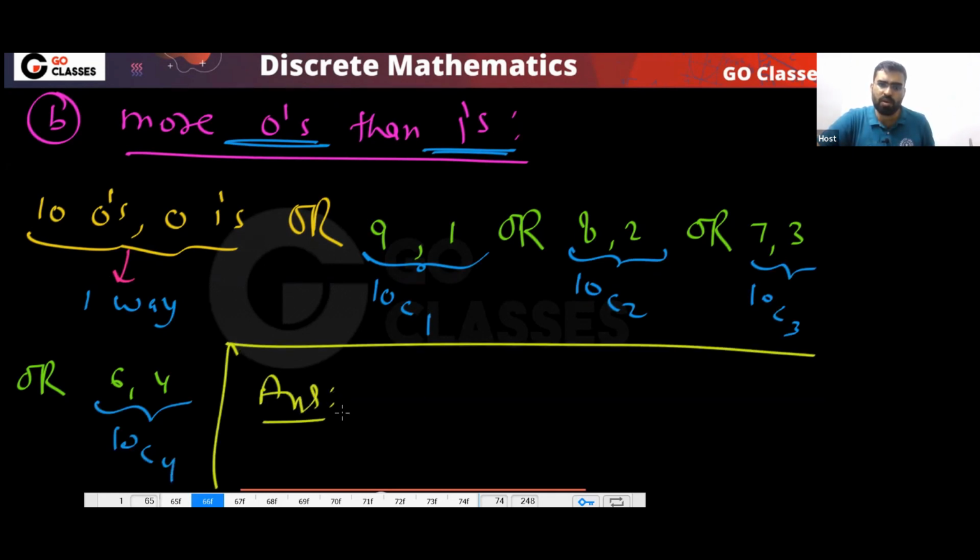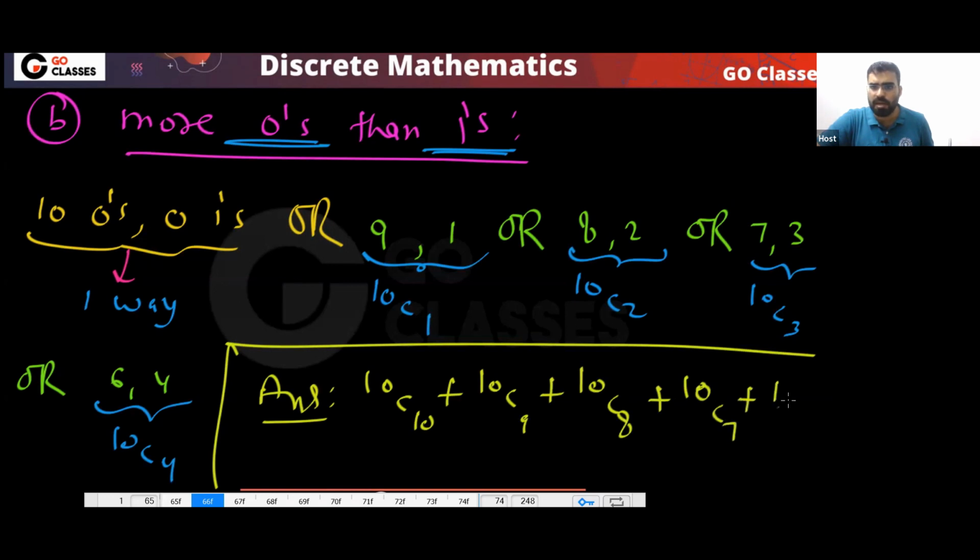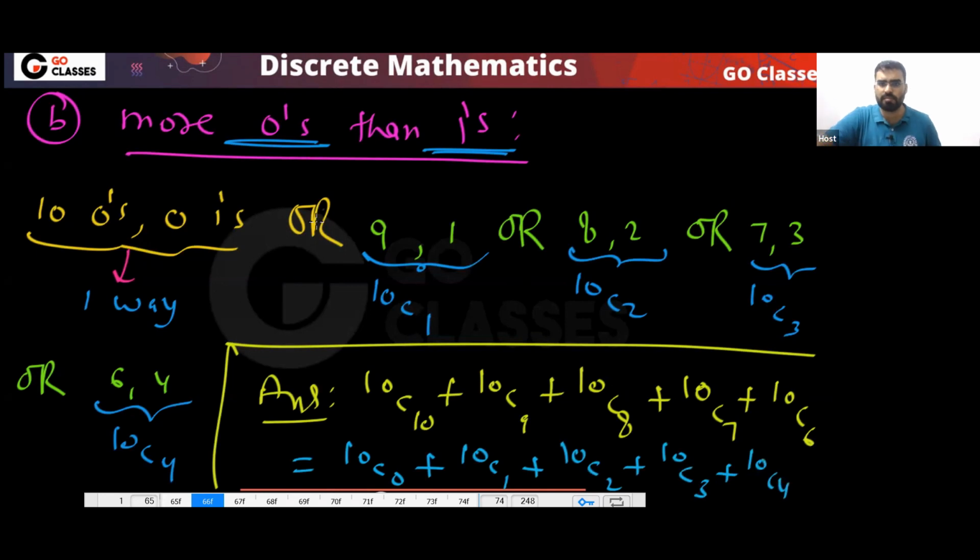So your answer will be 10C10 plus 10C9 plus 10C8 plus 10C7 plus 10C6. Another answer is 10C0, 10C1, 10C2, 10C3, 10C4. Both are correct.